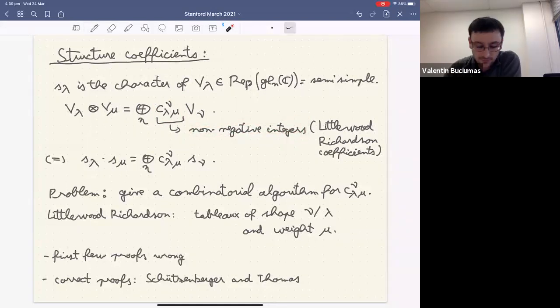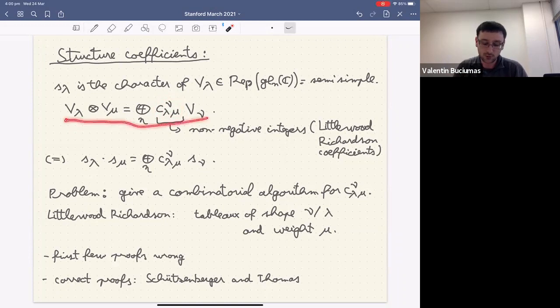It is a somewhat important problem to compute these coefficients. By compute, I don't mean getting them from the representation theory, but rather, given these three partitions, giving a very simple combinatorial formula that spits back this coefficient.